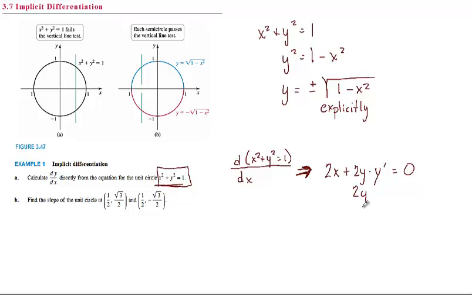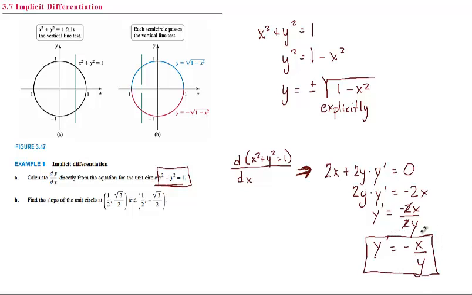Next, I'll solve 2y times y prime equals negative 2x, and y prime equals negative 2x over 2y. The 2's cancel, and the derivative is negative x over y. So we're to find the slope, and that's what the derivative is, y prime, or the slope.